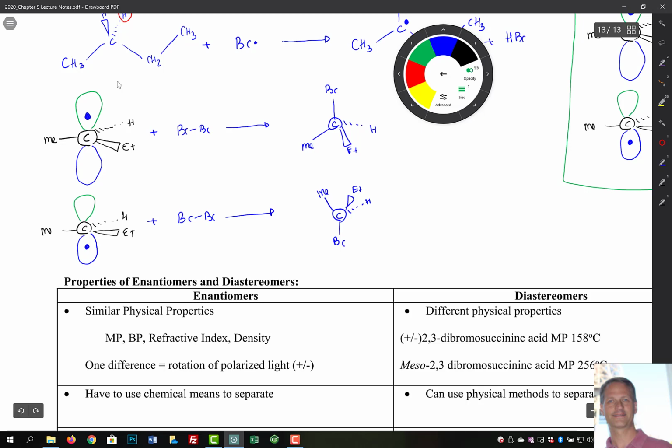Now the way that we would often draw this out, by the way, is we would just look at the line structure. So we would go like this and say, okay, there's an H there. We would write it out like that. And then when we add to this bromine, I'm running out of space here, we would understand that you have a p lobe that's coming out towards us off of that carbon and a p lobe that's going back. Right, so in one case, what we're going to end up getting is the bromo coming from the front.